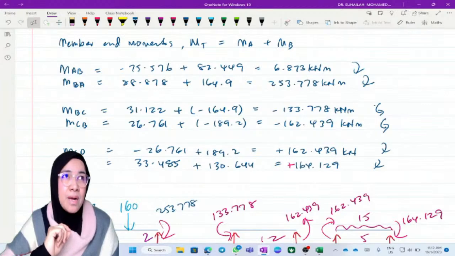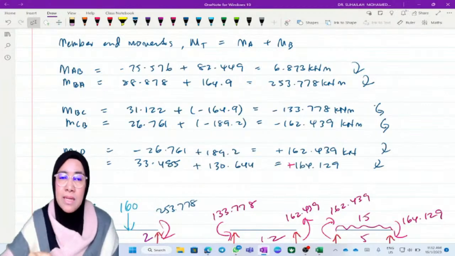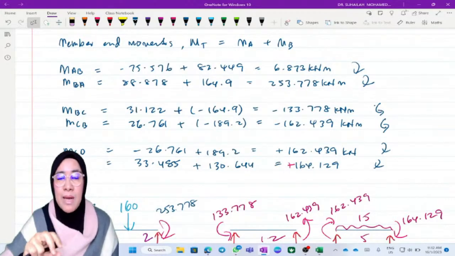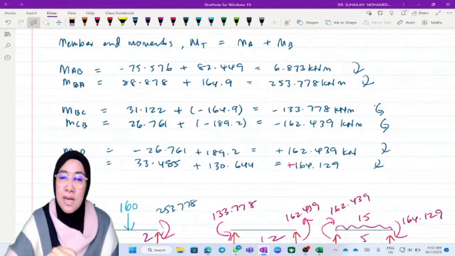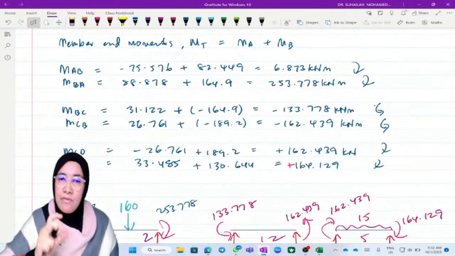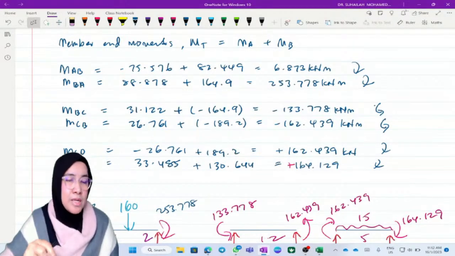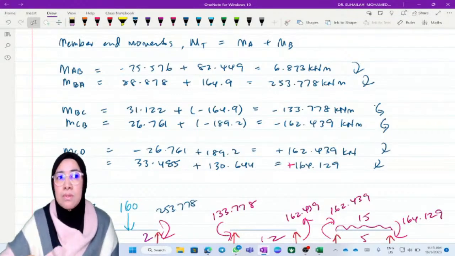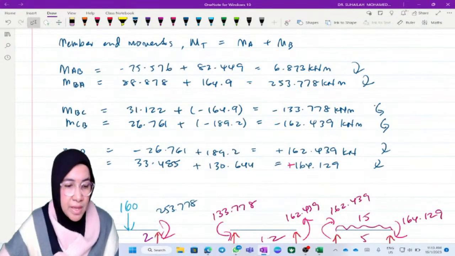We don't have a correction factor like what we did in frame analysis, frame with side sway, because in that analysis the delta is unknown. In this case, the delta is given, 0.03 is the delta. So we have FEM due to support settlement and FEM due to delta, so we can add directly without the correction factor.